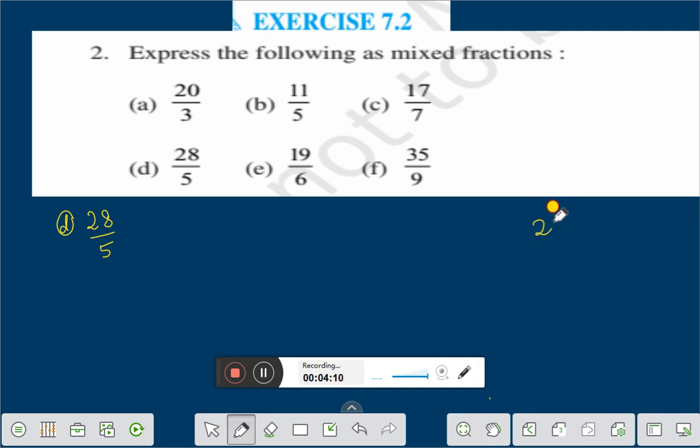Then what are we getting? 5 5 is 25. 28 minus 25 is 3. Right? Therefore 28 by 5 can be represented with 5 as quotient, 3 as remainder, and 5 as divisor.